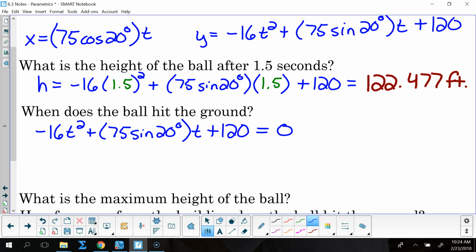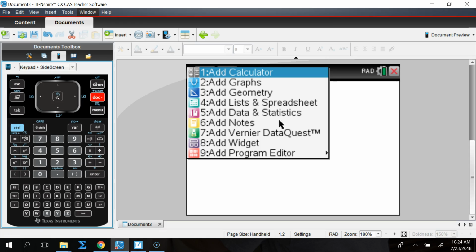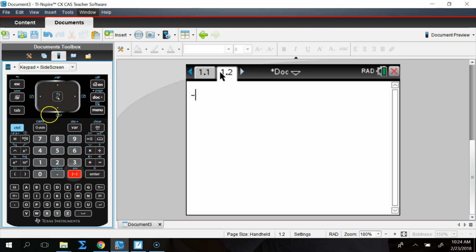So how I would go about doing this one is I would store negative 16 as my A value.